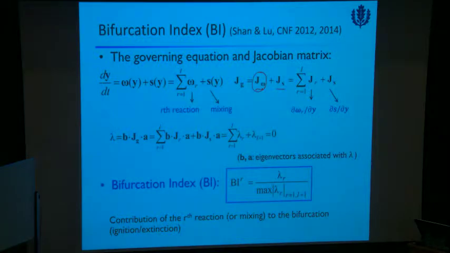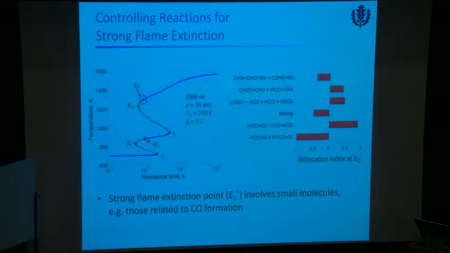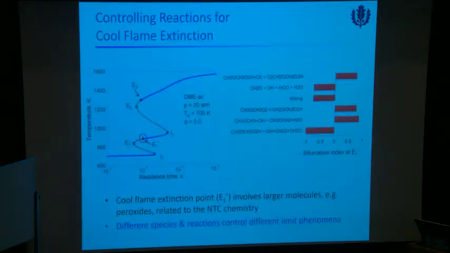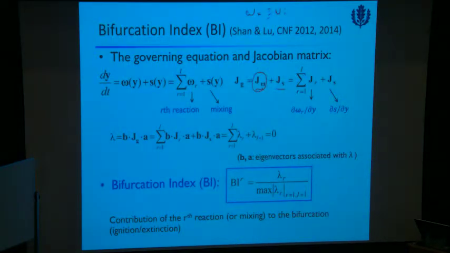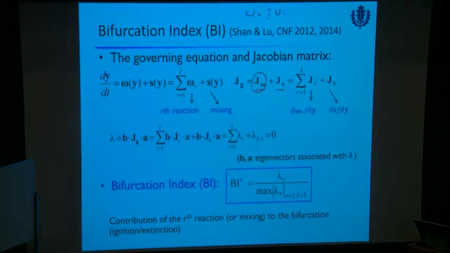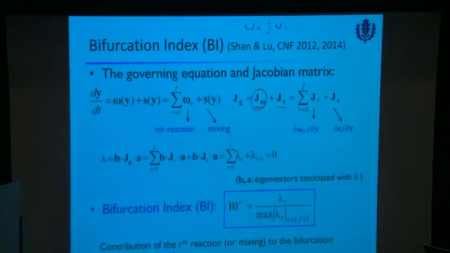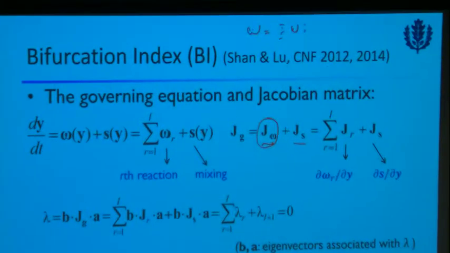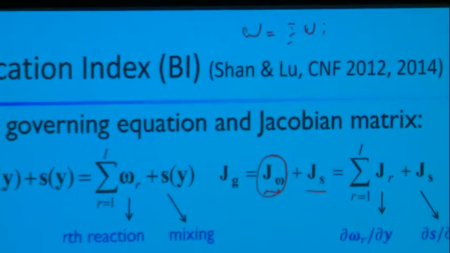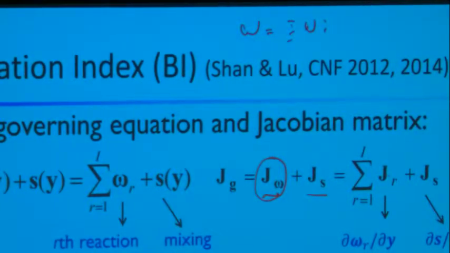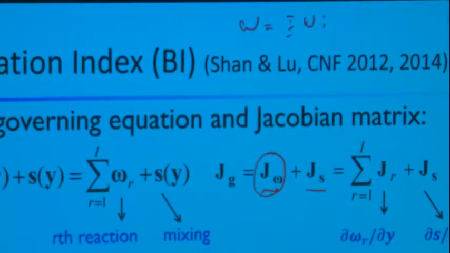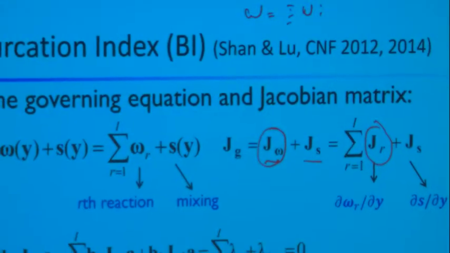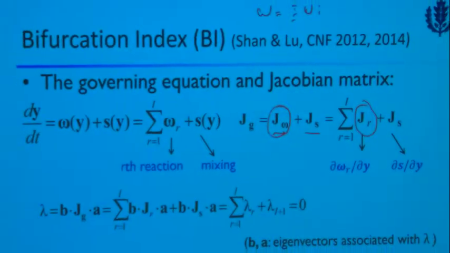Because omega, let me just write here, omega is equal to sigma omega_r, as I did before. So the reaction source term is attributed to the summation of all the different reactions put together. Okay, you do d omega dy, you get a sigma d omega_r dy. So this is a contribution to the Jacobian from each individual reaction.